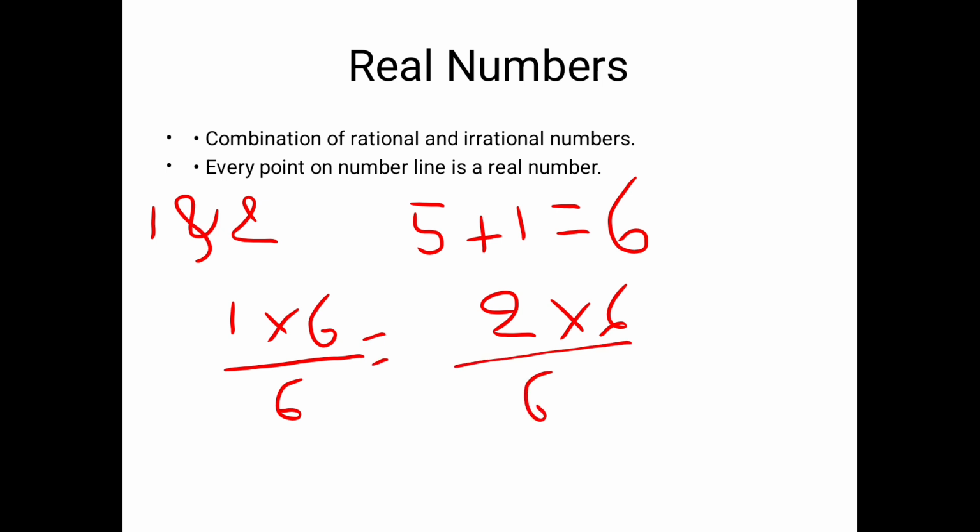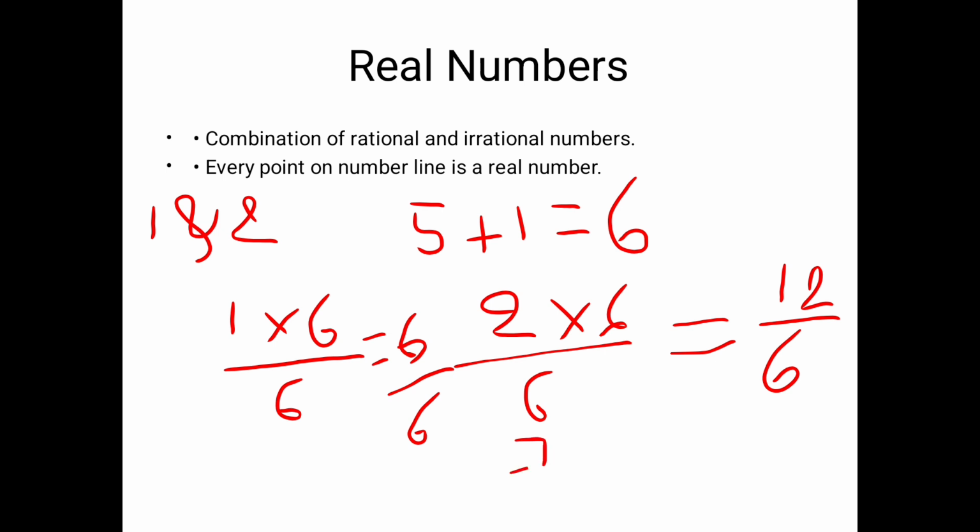What I get? 6 by 6, and here 12 by 6. Between 6 by 6 and 12 by 6, I'll get 7 by 6, 8 by 6, 9 by 6, 10 by 6, 11 by 6.